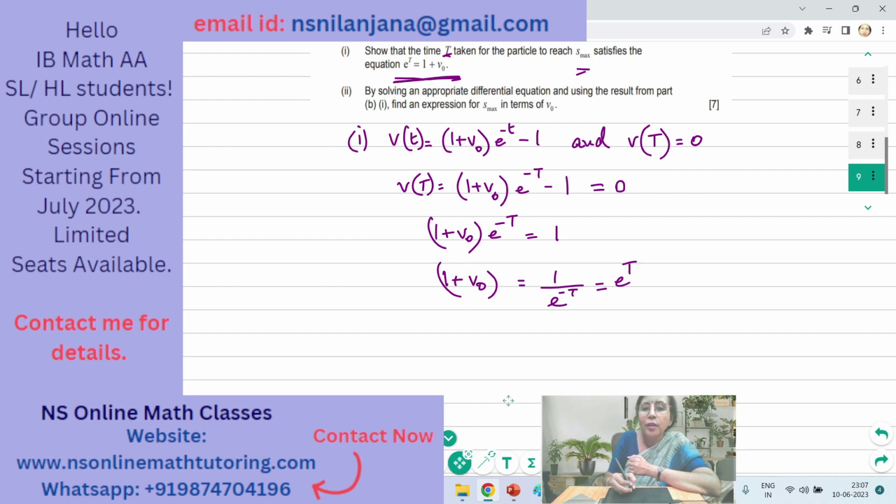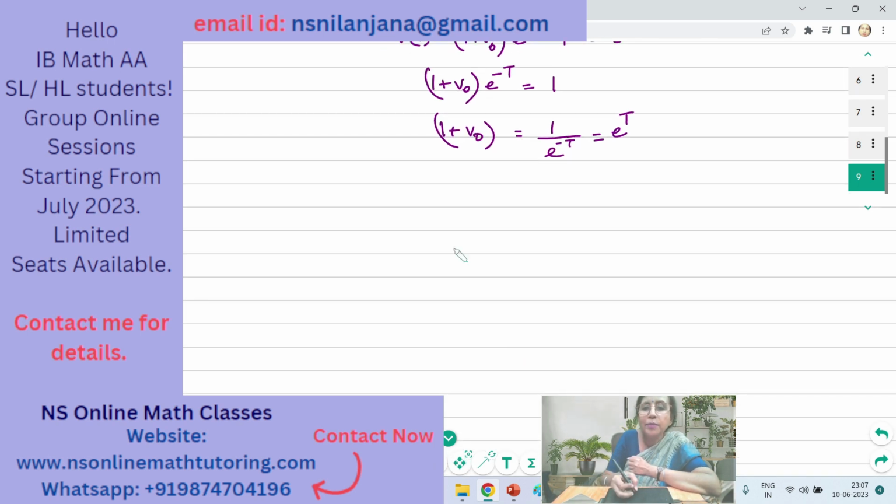Fine, we have come to this step. Therefore, e to the power of positive capital T is equal to 1 plus V0.